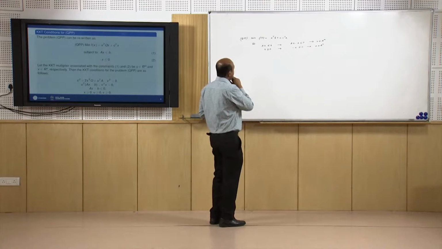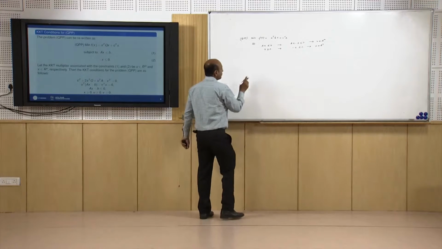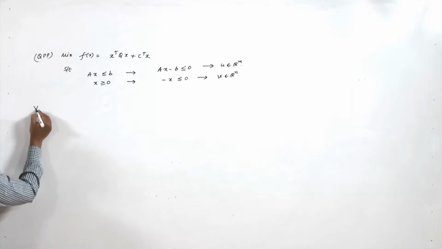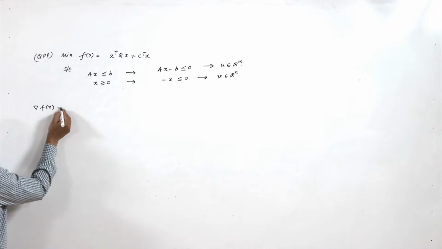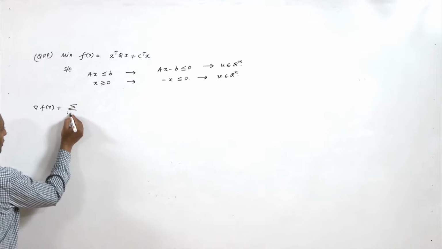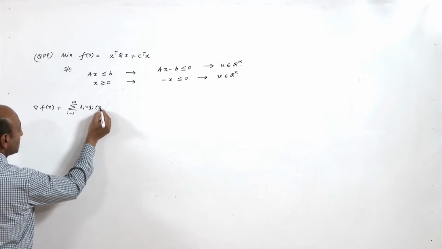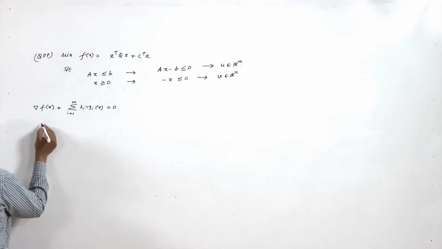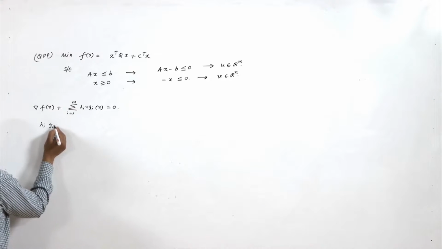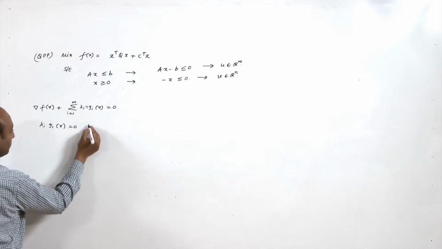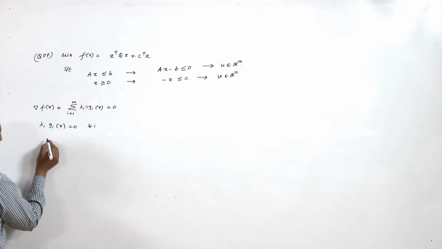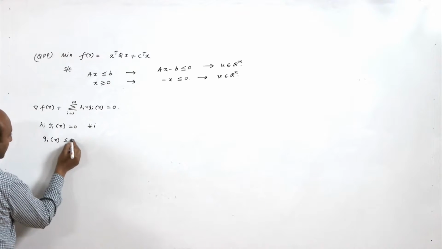Now, how to write the KKT conditions? We already know the KKT conditions are: gradient of f(x) plus summation i from 1 to m lambda i gi(x) equal to 0, and lambda i gi(x) equal to 0 for all i, and gi(x) less than or equal to 0, and lambda i non-negative.